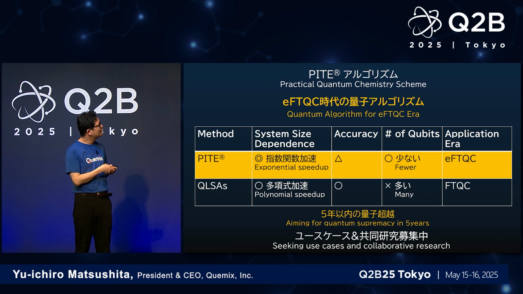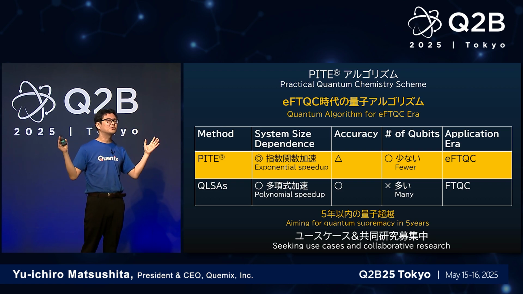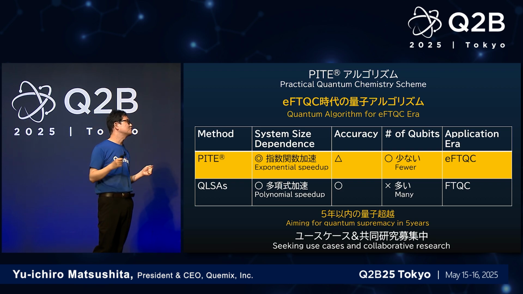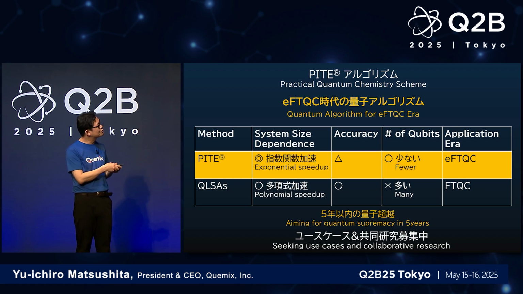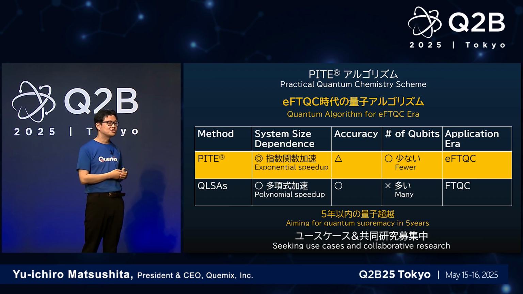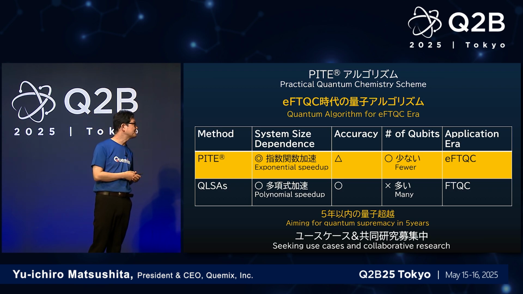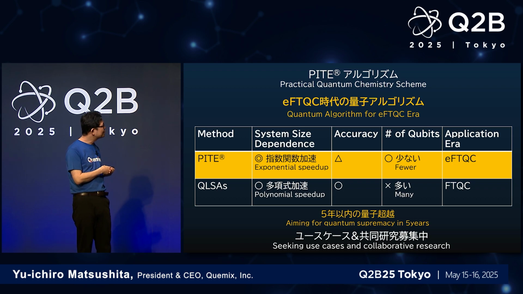Using PITE, when we did a calculation, in terms of the system size dependence, we have seen exponential speedup. So it's a great algorithm, a powerful tool to calculate an enormous amount of data. And the necessary qubits are very limited, fewer. So it's actually very applicable to FTQC.